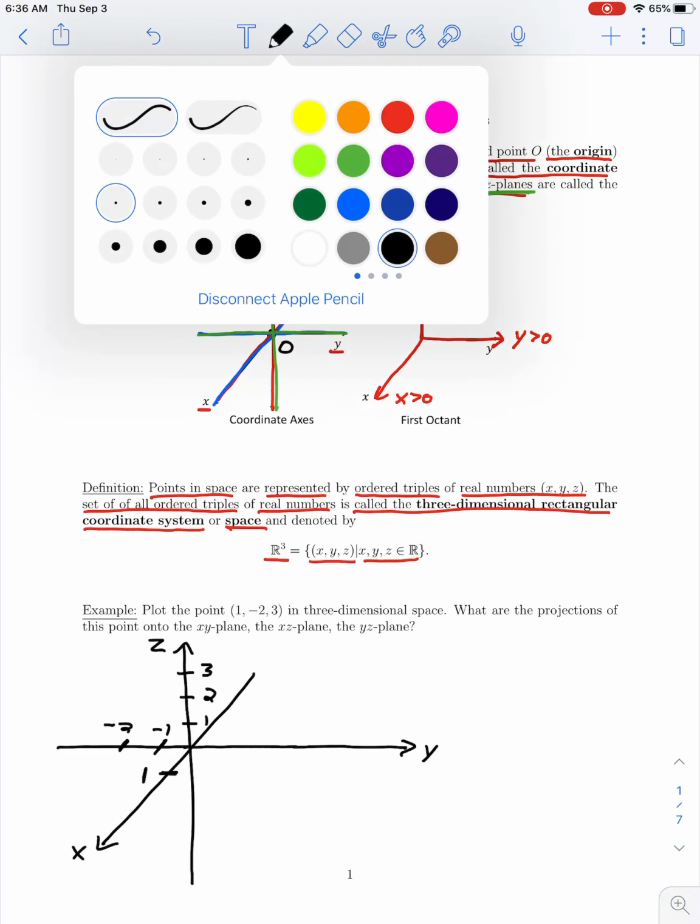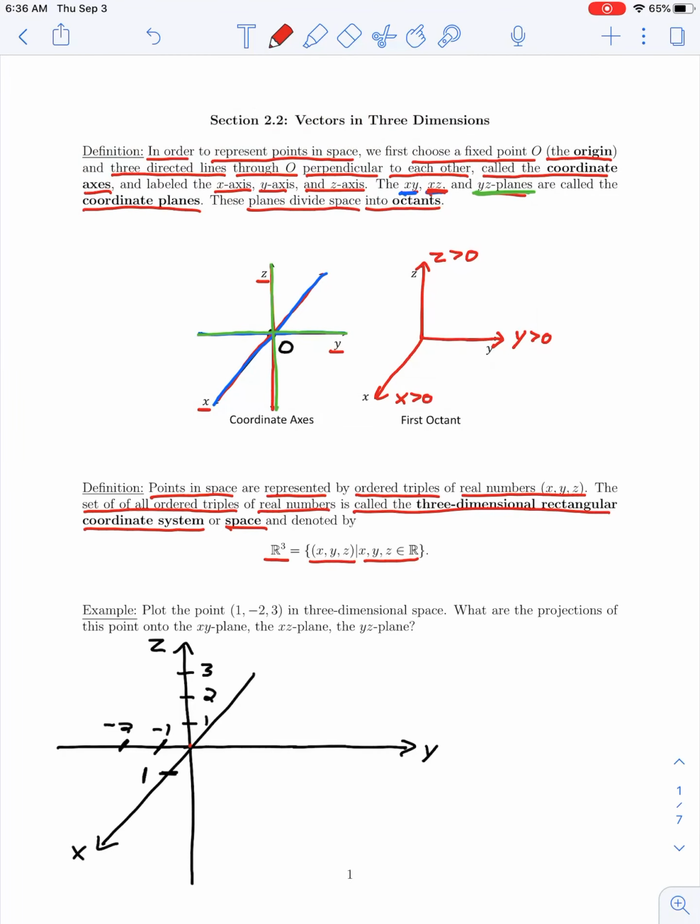So to plot our point from the origin, we're going to move outward 1 unit in the x direction, and from there, we will move to the left, or in the y direction, 2 units in the negative direction. And from that point, we will move 3 units upward. So our point of interest here is this point shown in blue, 1, negative 2, positive 3.